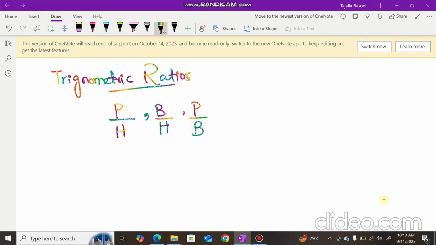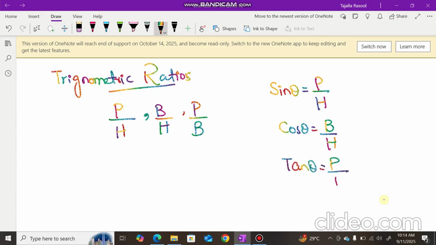There is a trick to memorize these ratios in our local area. The trick is the sentence, some people have curly brown hair. That means sine theta, some people, cos theta, have, will be equal to curly brown hair, and through proper brushing, tan theta will be through proper brushing.